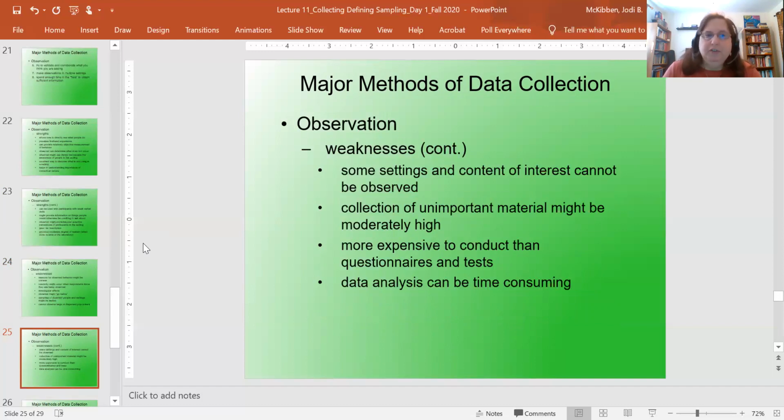There are certain behaviors, certain settings that are more private and difficult to actually get data on. You're probably going to get a lot of extra data, things that may be unimportant in the long run. This is a more expensive measure, and the data analysis can be really time consuming because again, you could get some quantitative data here, but it's going to be a bit of a challenge to really analyze that, especially if what you're getting is less countable and less numeric. Okay.